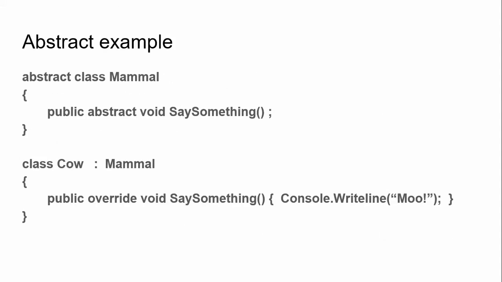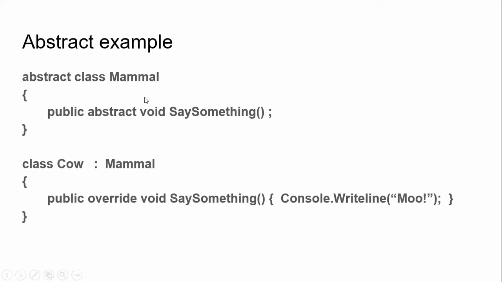So here's what our mammal would look like if we made it abstract. Classes can be abstract and functions can be abstract. An abstract function is like saying, any object that is a subclass of me has to provide this function.